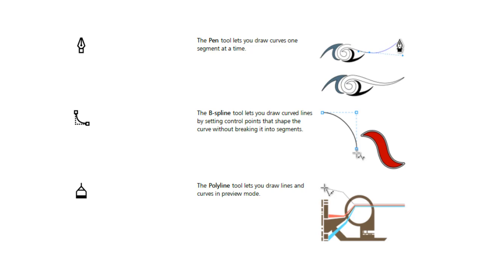The B-Spline tool lets you draw curved lines by setting control points that shape the curve without breaking it into segments. The Polyline tool lets you draw lines and curves in preview mode.